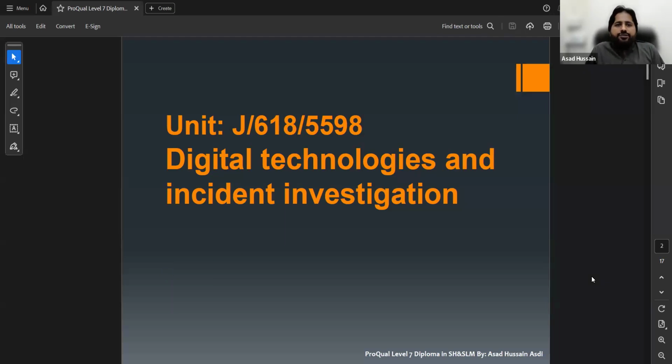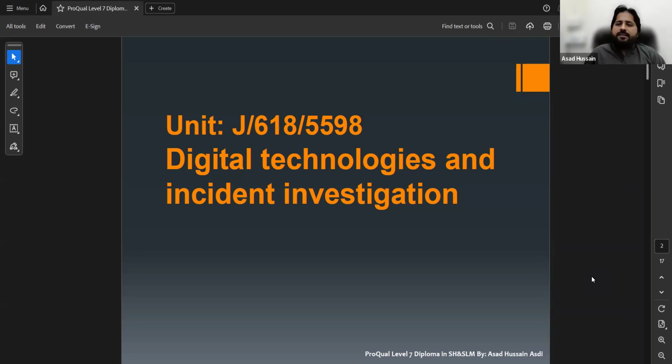So the unit number is J/618/5598. It is the third unit of ProQual Level 7 Diploma in Strategic Health and Safety Leadership and Management. So, the name of the unit is Digital Technologies and Incident Investigation.